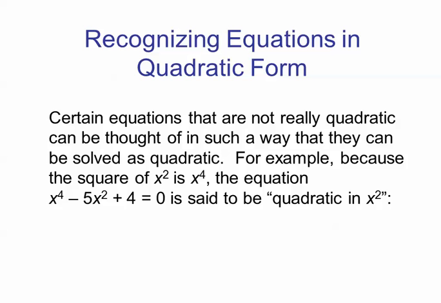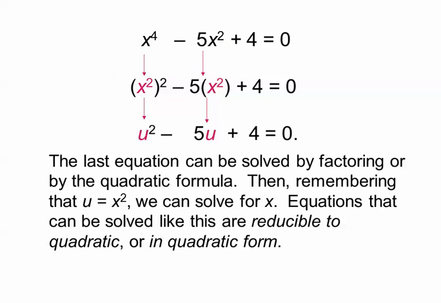To make a little more sense out of that, say you let u equal x squared, then your equation would be u squared minus 5u plus 4, which we recognize as quadratic. So that means that it's reducible to a quadratic, or we can call it in quadratic form.